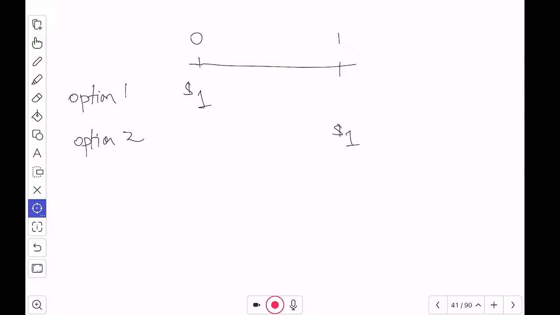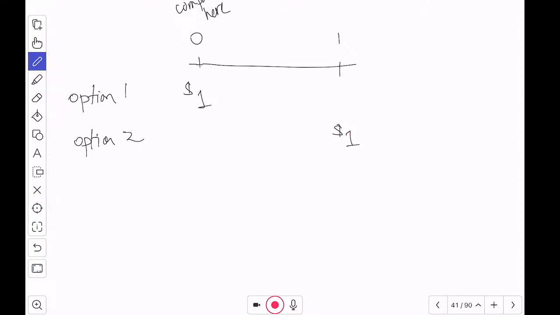Right, of course, right? Because if I'm going to make the comparison here, I have to compare in the same time period, right? Because I can't compare dollars across time periods.